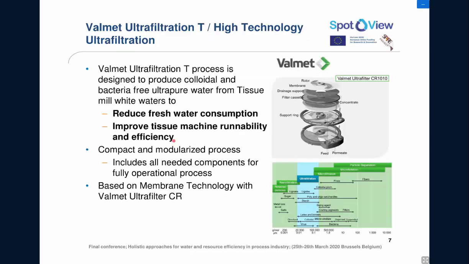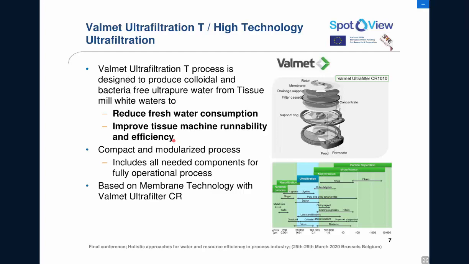The kidney technology we used, as I said, was ultrafiltration, technology owned by the Finnish company Valmet. By this kind of filtering, we can purify water and recycle it back to the process. That is the idea of these systems.